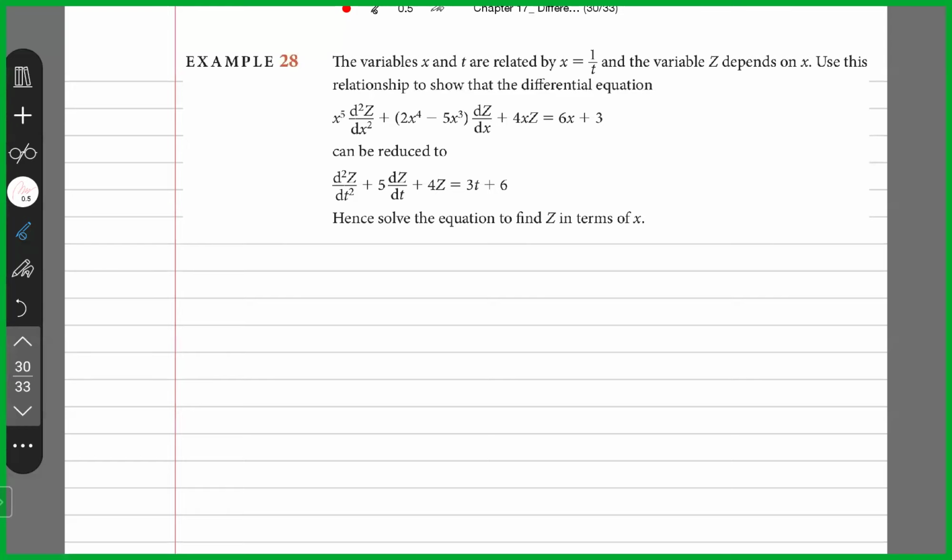All right, example 28. Example 28 says the variables x and t are related by x is equal to 1 over t, and the variable z depends on x.